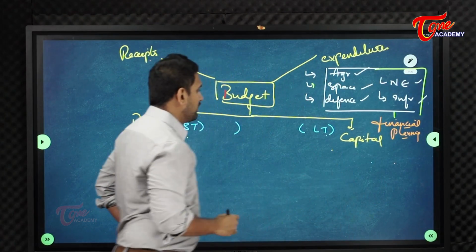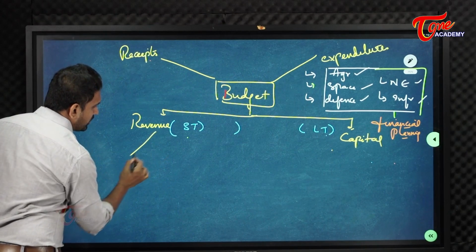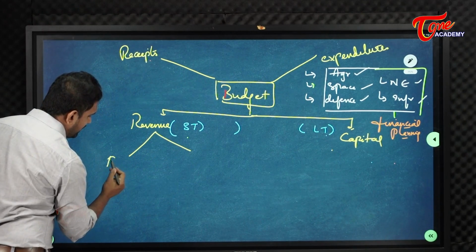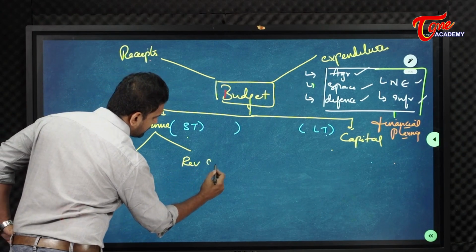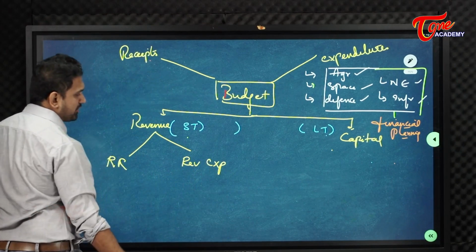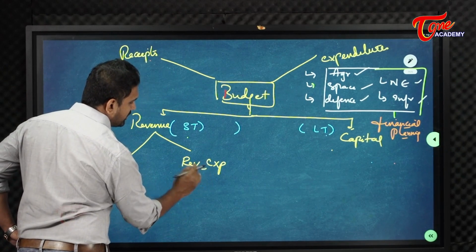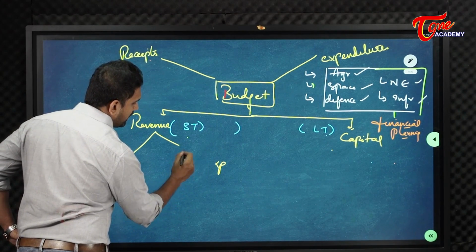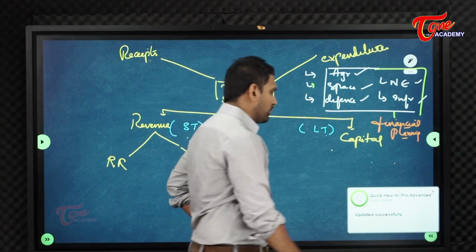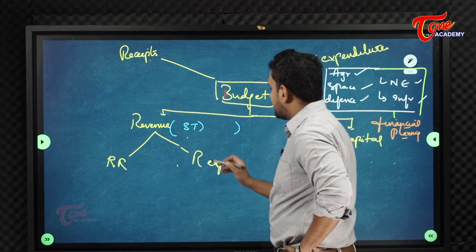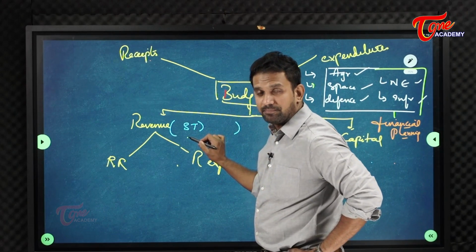Now this revenue component is again divided into revenue receipts and revenue expenditures. In the books you will see it like this, or you will also see directly receipts and expenditures. As I have told you, revenue means something which is for short term.